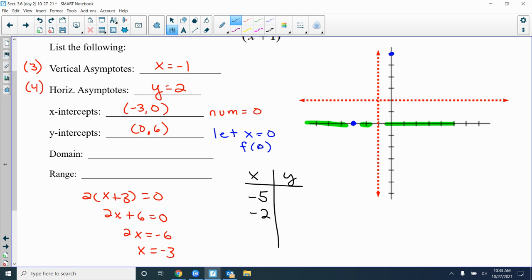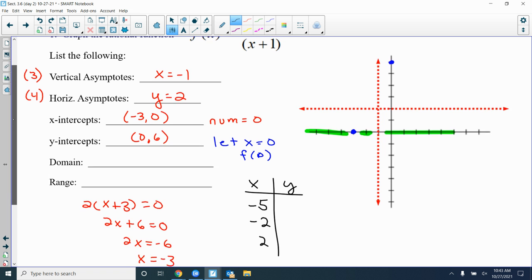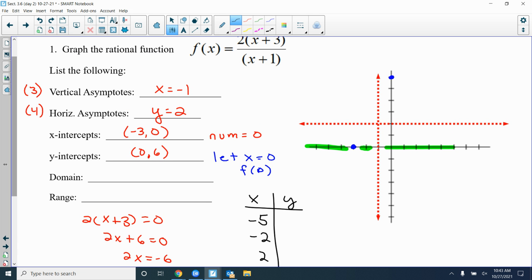So I am going to pick the point 2. All right, plug those in. If you get a fraction, you can leave it as a fraction. It's not a big deal. You're not always going to get nice numbers, and actually rarely you get nice numbers. All right, see what you get though. Well, again, what is it? -5, -2, and +2.